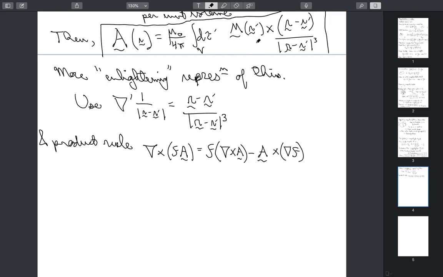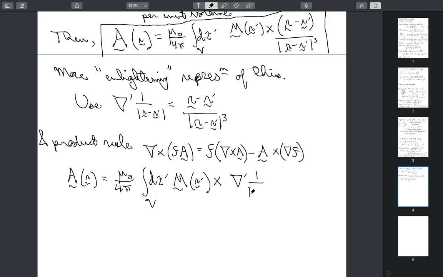You see, so what we do is that we write A of r is equal to mu 0 over 4 pi, the integral over the volume d tau prime. I'm just rewriting the equation above, and now I have M at r prime, and I have the cross product into the gradient with prime coordinates of 1 over |r minus r prime|.